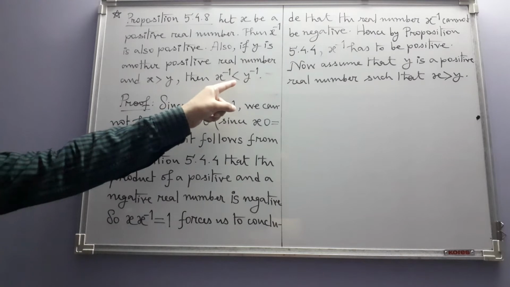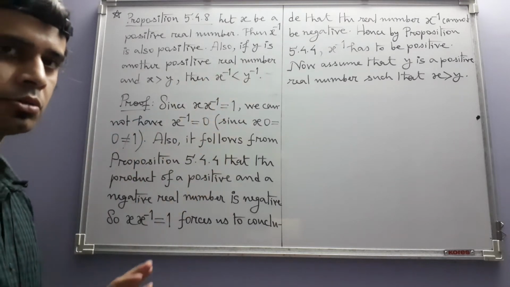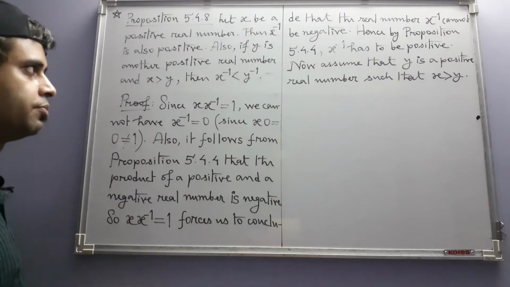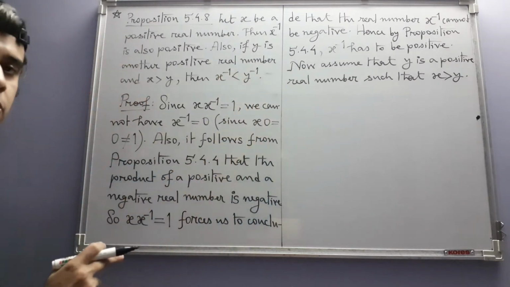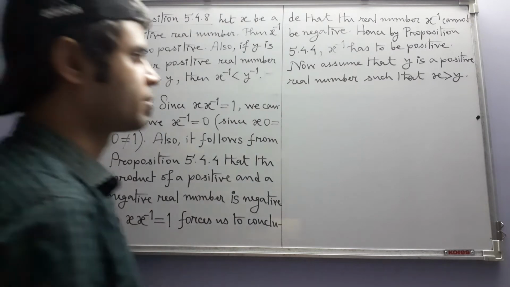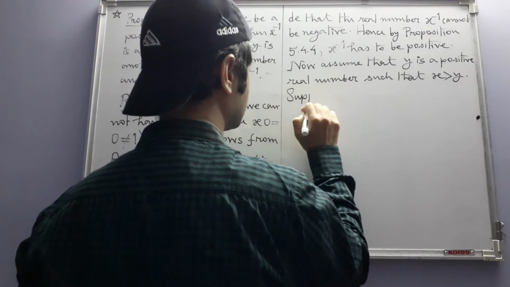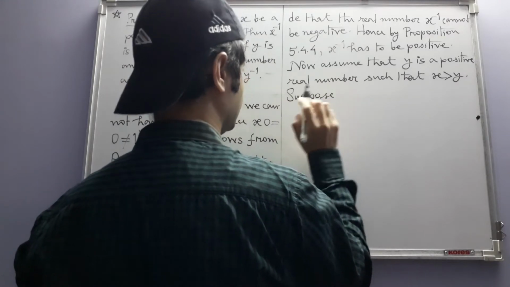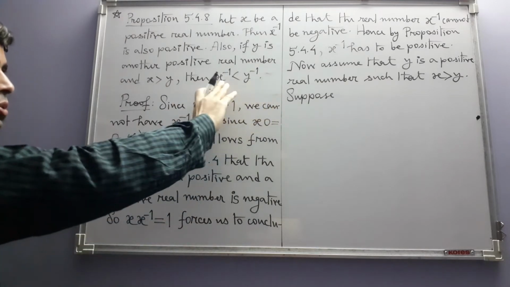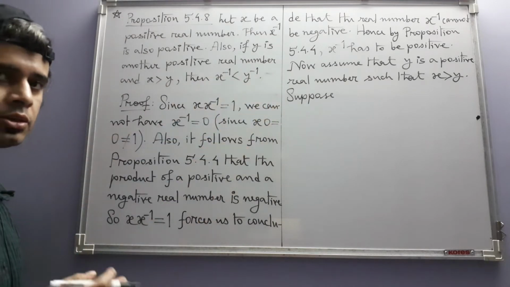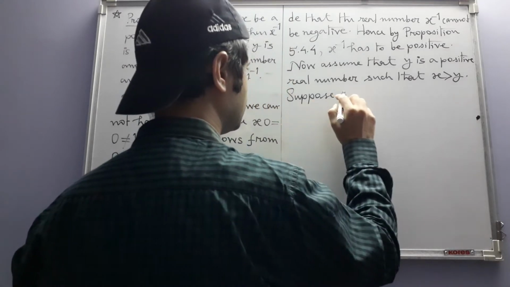We want to prove this inequality. Suppose that this is not true, then by trichotomy y inverse will be less than or equal to x inverse. Let's just suppose that y inverse is less than or equal to x inverse, and then we will arrive at a contradiction.